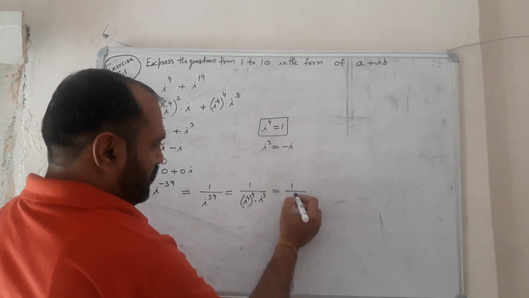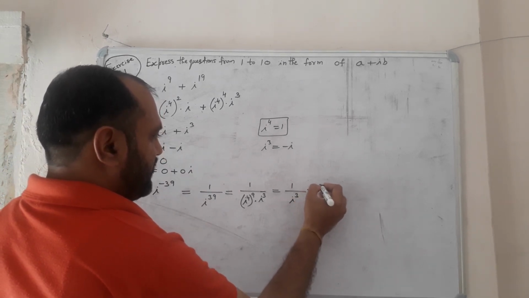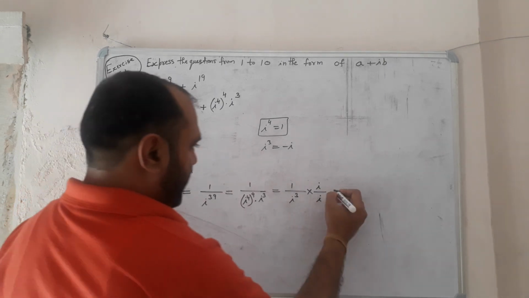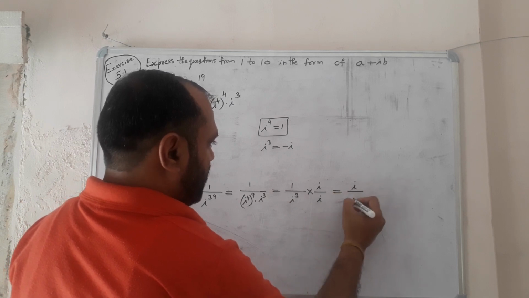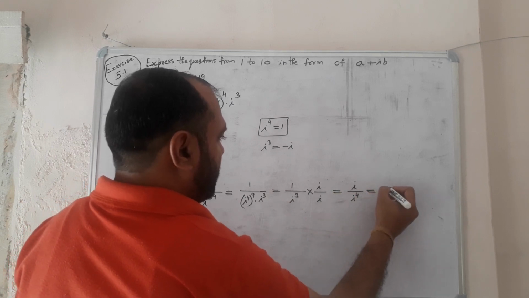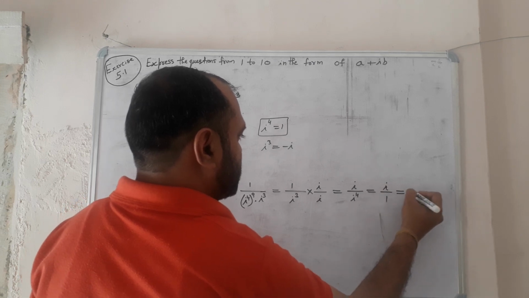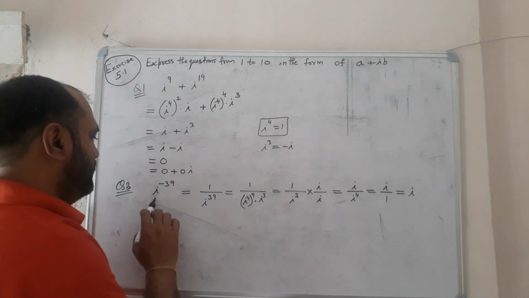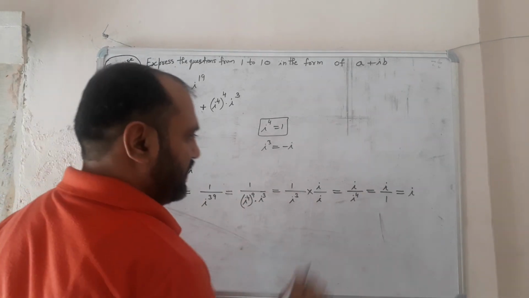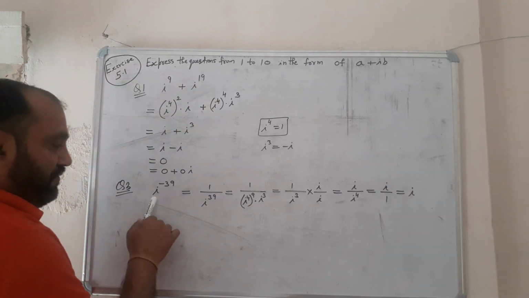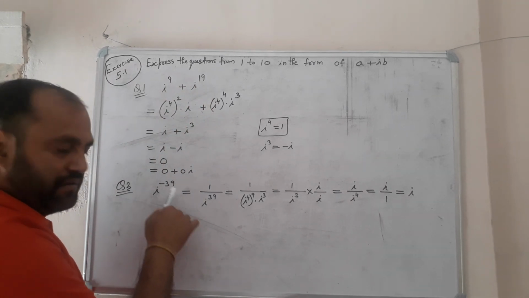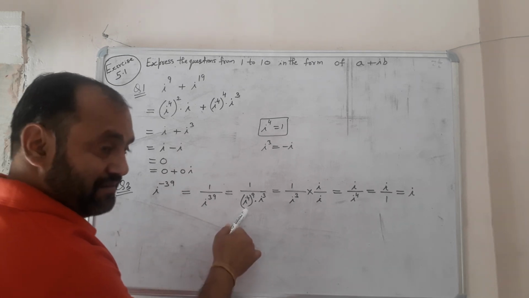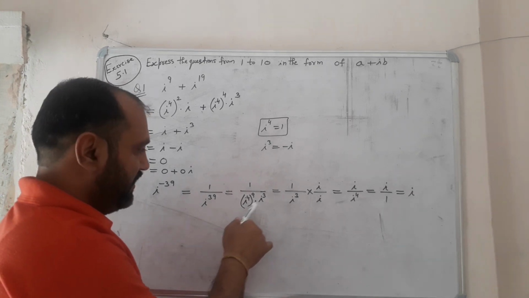Now, to remove this, we can rationalize it by multiplying and dividing by iota. We get iota upon iota raised to the power 4, and iota raised to the power 4 is equal to 1. So its answer is iota. Again, first of all, for the negative power, take the reciprocal, 1 upon, then break this like iota power 4 power 9 into iota cube.